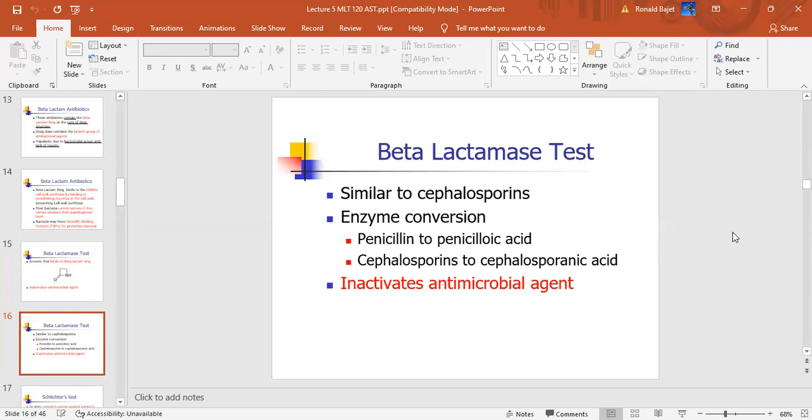So the doctor's going to ask, can you do a beta-lactamase test? And that's because he's planning on giving a penicillin or a penicillin type antibiotic. So if it has beta-lactamase, then that means it will inactivate the beta-lactam ring.